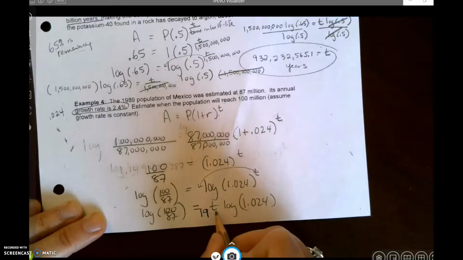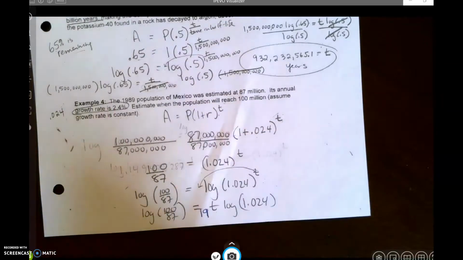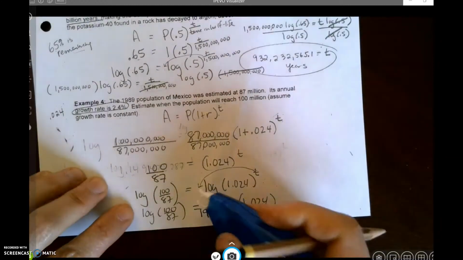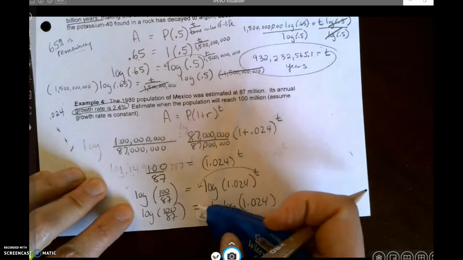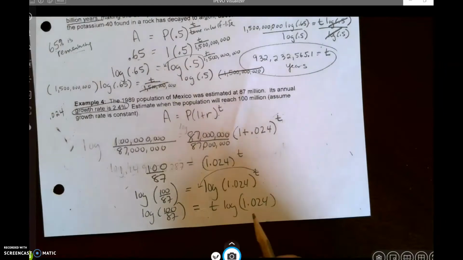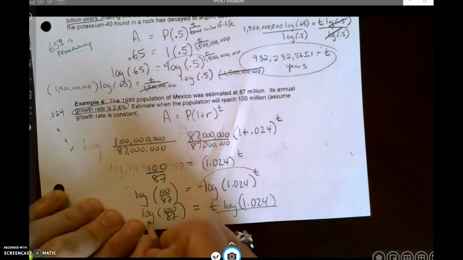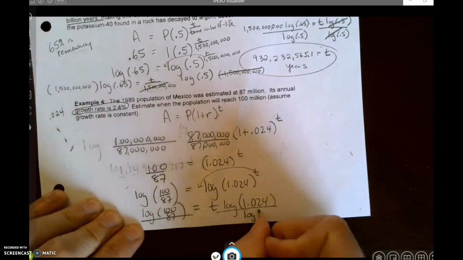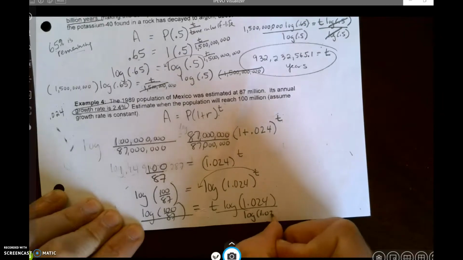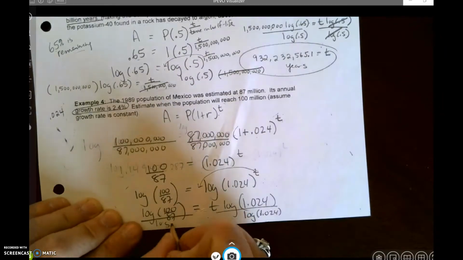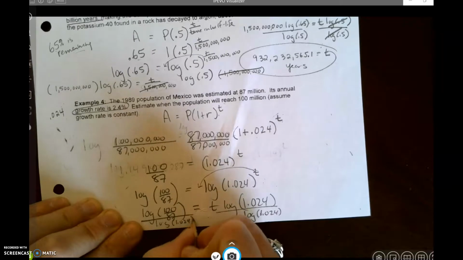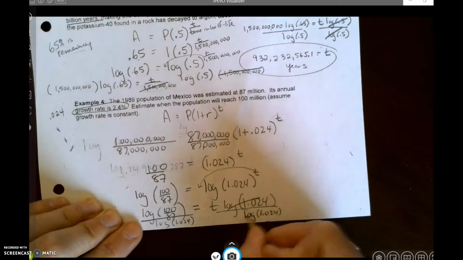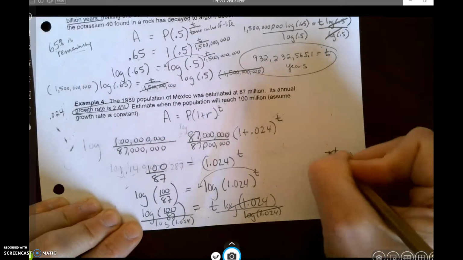The only thing I have left to do is, this was a page number, sorry, this 19 was something. I'll get rid of that. There you go. You're going to divide both sides by the log of 1.024. These cancel. And let's see what our time is.